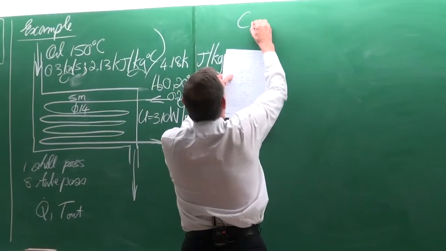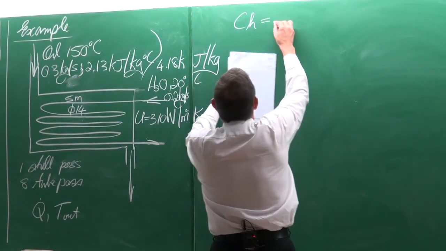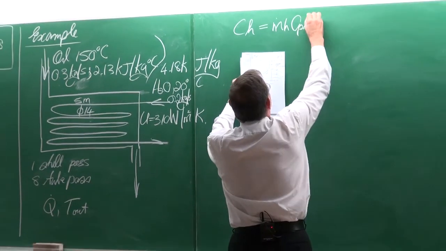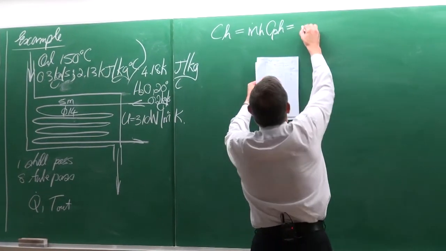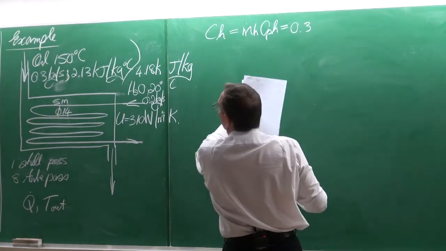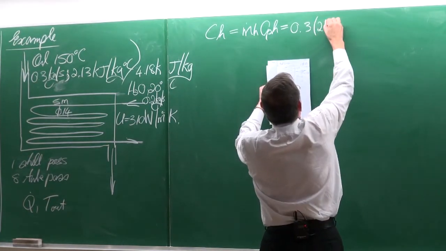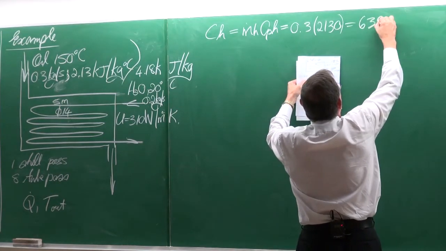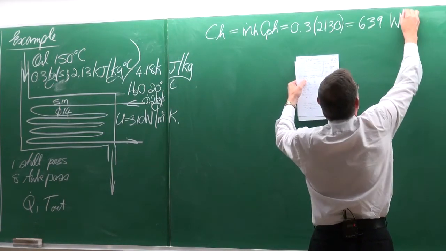Again, let's calculate the capacity ratios of the two streams, the mass flow rate on the hot side times the CP on the hot side. The hot side is 0.3 kilograms per second, and the CP is 2130, and the result is a value of 639 watts per Kelvin.